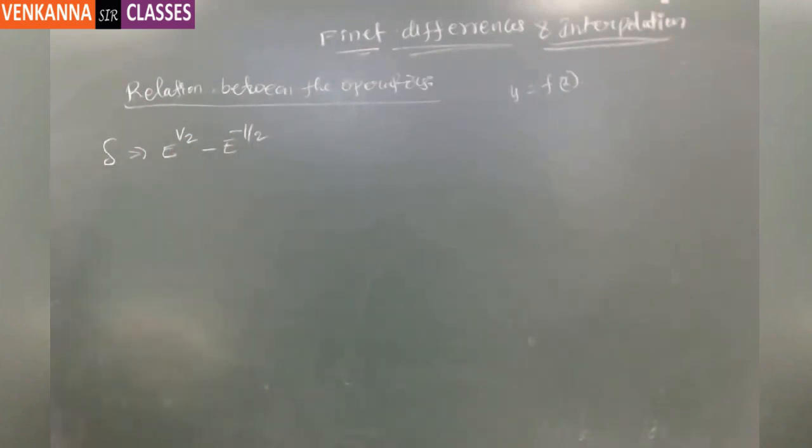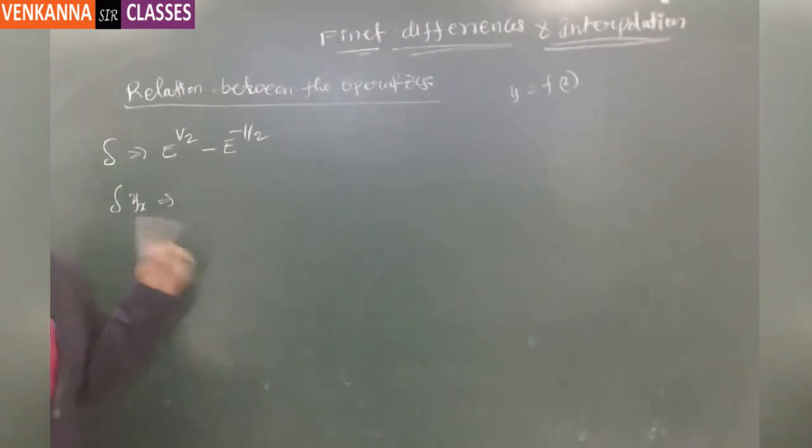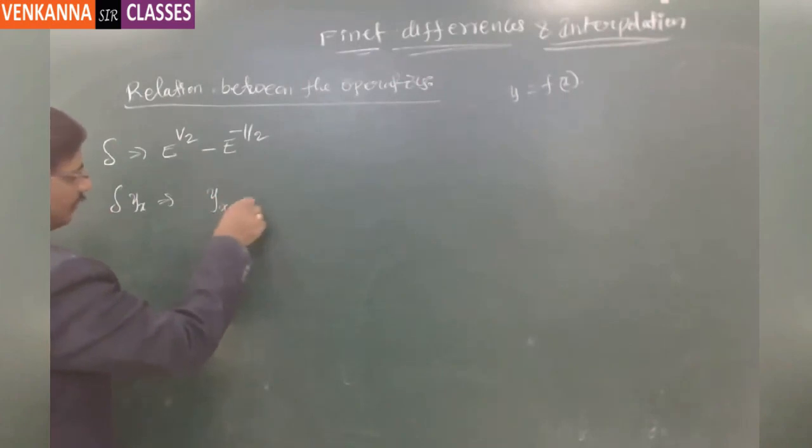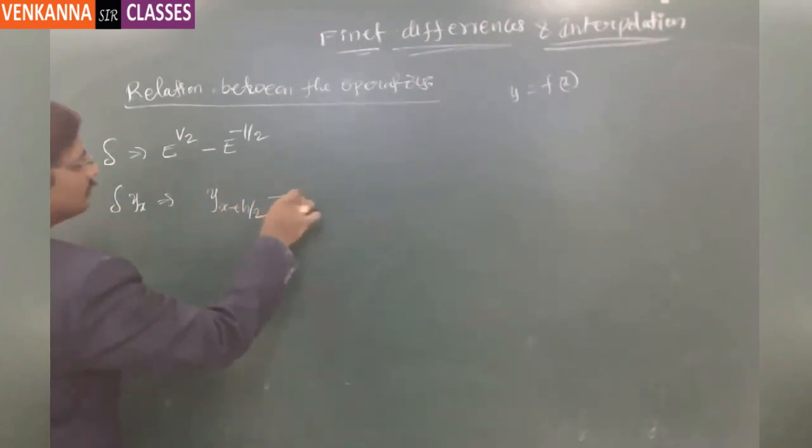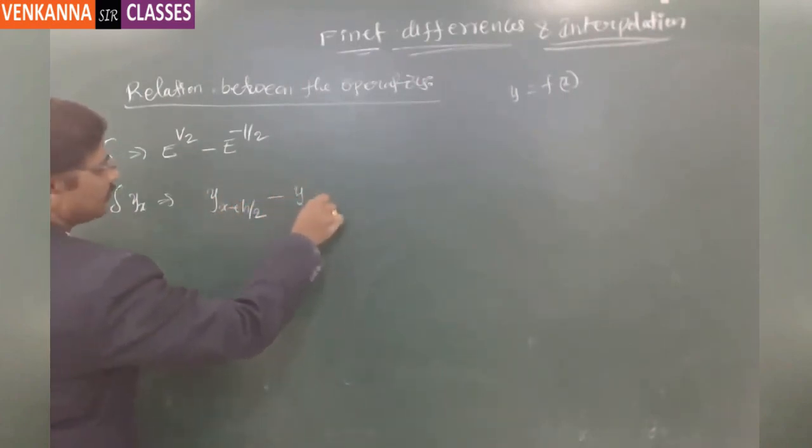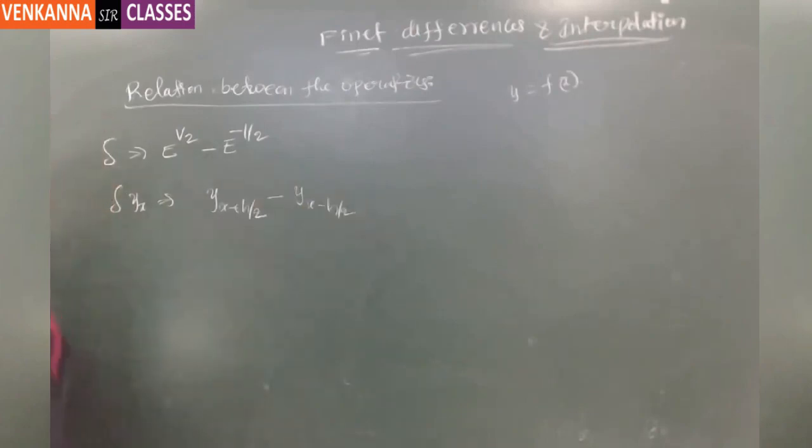Yeah, this is the relation. Now delta, if it is operated on y(x), this delta operator is nothing but the central difference operator. The central difference operator is treated as y of (x plus h by 2) minus y of (x minus h by 2). So this is the central difference.